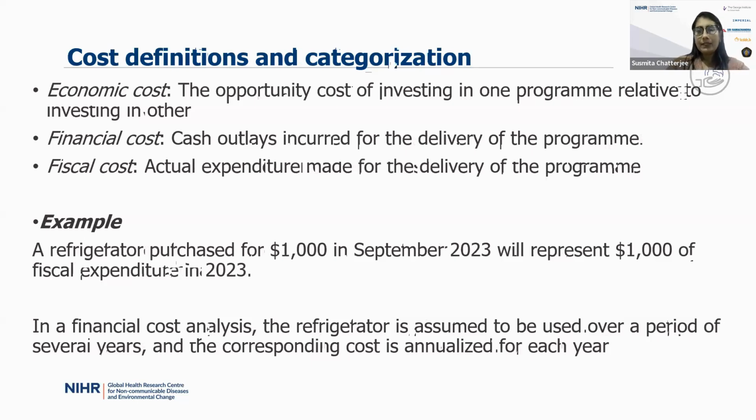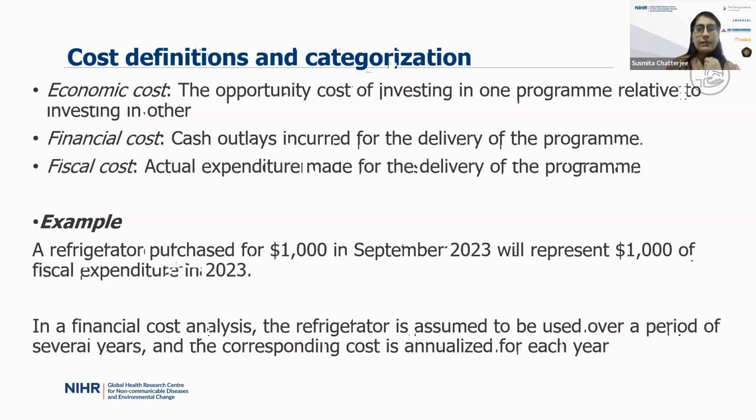So economic cost is much broader. When I say economic cost, it includes the opportunity cost plus the financial cost. It's not only the opportunity cost, it's the opportunity cost and financial. So you have everything and you can disaggregate. So that's the beauty of doing economic cost, so that you present everything and let the stakeholder decide what to take, what not to take, okay?